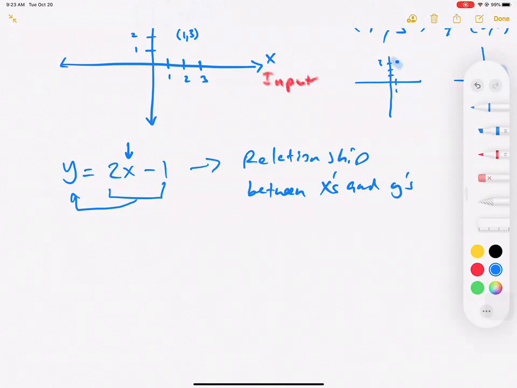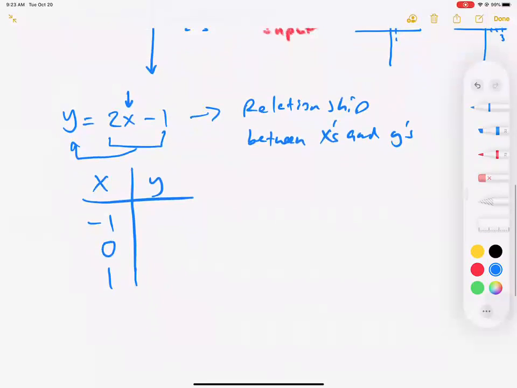So here we go. Let's talk about this one. We'll do x and y's real quick once again. So we're going to plug in the numbers -1, 0, and 1 this time. We're going to plug in 3 different numbers. And as we practice this, I want you to write it out. So our y value here is, just to remind you, 2x minus 1. So our function is going to change our x to become our new y value.